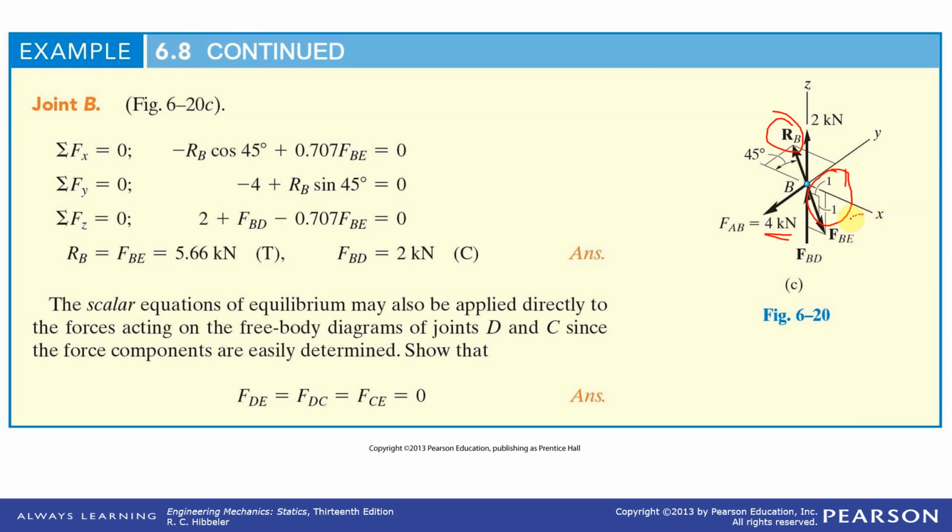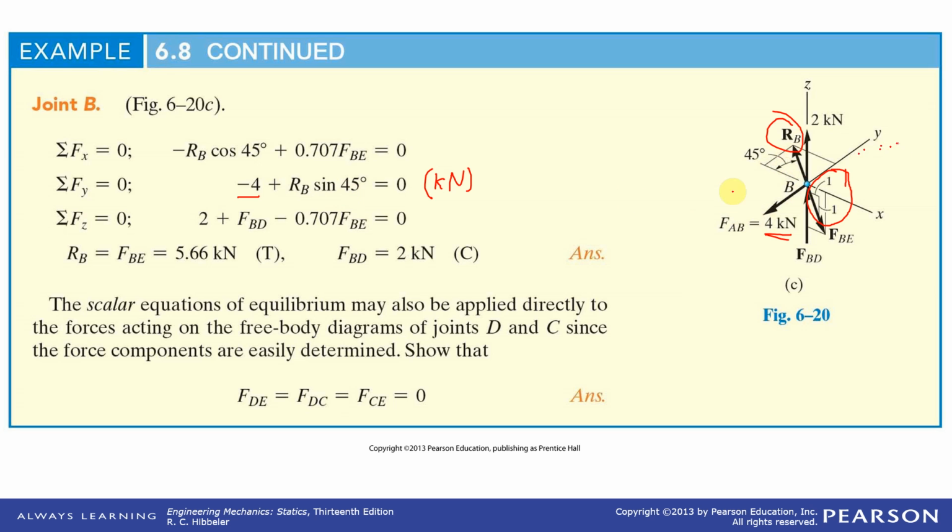Okay, looks like we have all the information we need, and we can start doing our XYZ coordinates. So FAB is in the y direction only, 4 kilonewtons. You'll notice I have dropped the units sometimes in an equation, and I will write it out here. They're doing the same thing, so watch out for that.